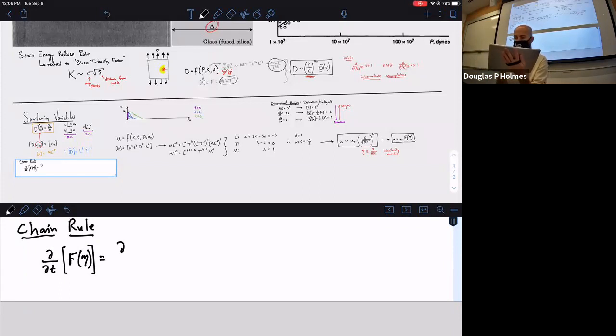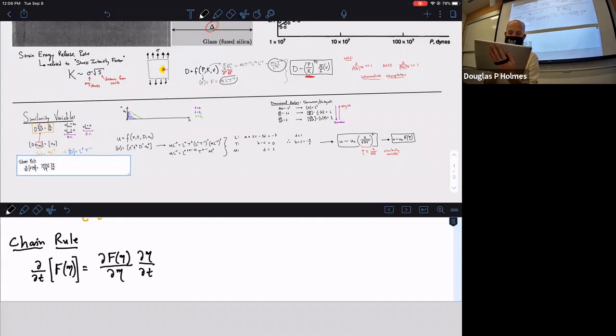So take the partial derivative of f of eta with respect to eta, and then multiply that by the partial derivative of eta with respect to the independent variable. I know this might be a little bit tedious, but I'm going to just do it out so that everyone's on the same page.